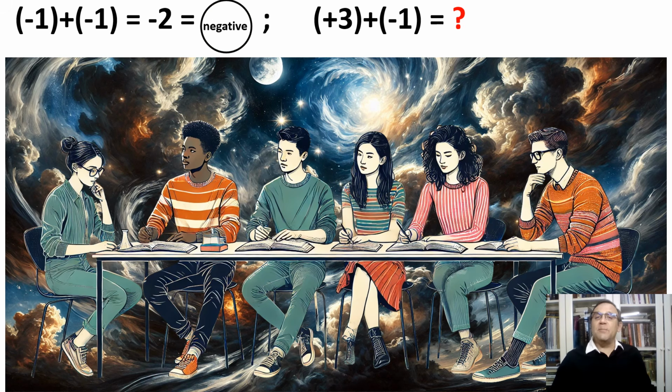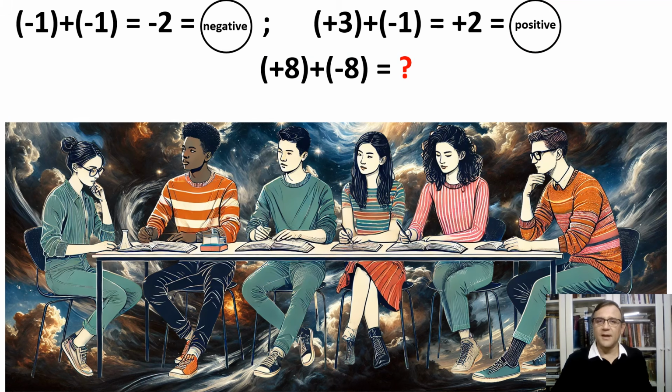Let's start with the basics of charge. If we have 3 positive particles, protons, and 1 negative particle, an electron, the overall charge would be positive, since the positive charge outweighs the negative. Now let's consider a balanced example.